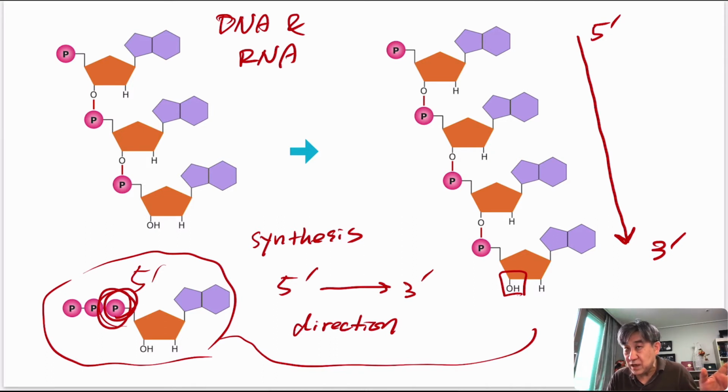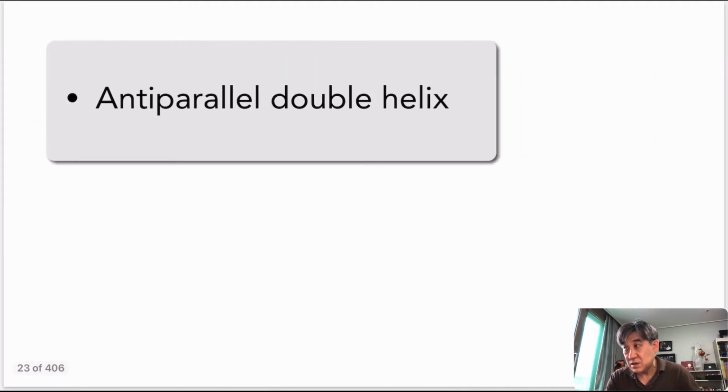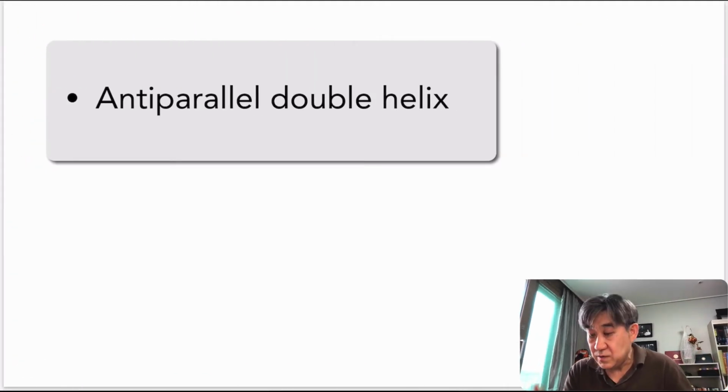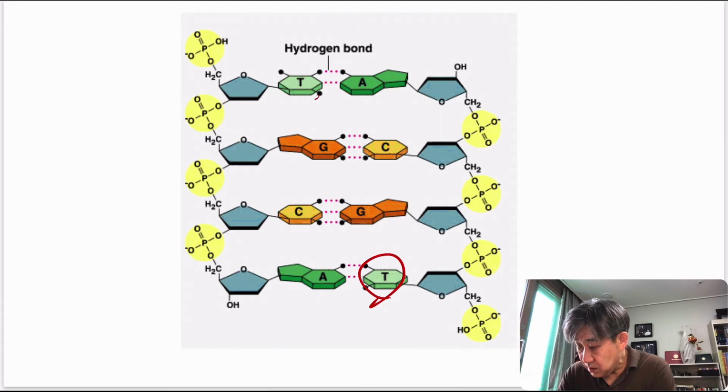What's more important is the actual organization scheme of the DNA double helical structure, which can be said to be an antiparallel double helix. Here you can clearly see what this antiparallelity means. Here in this DNA double helix, how do you know whether it's a DNA? Because you see this T present, so this must be a DNA double helix.